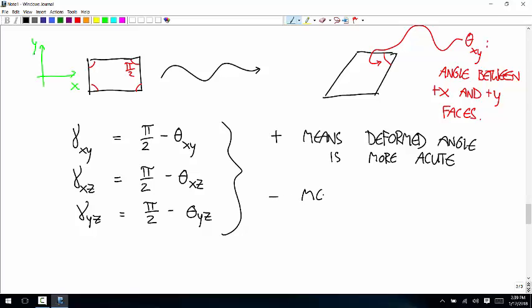Negative means more obtuse. Because if that angle gets acute between, say, the positive x and positive y faces, then this angle is going to be less than pi over 2, and so you subtract and you get a positive number.